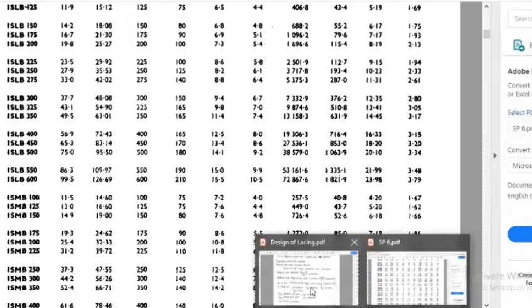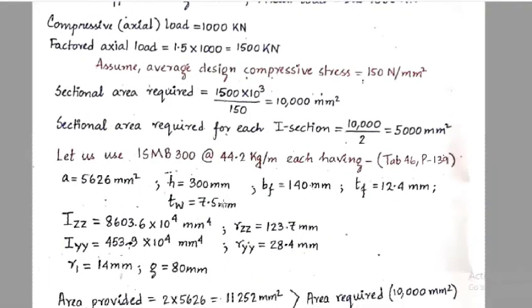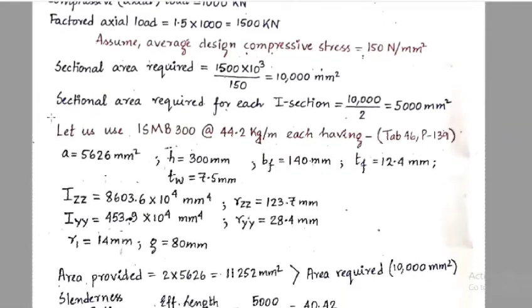Now let's go back to the problem. So we are assuming ISMB 300, at the rate of 44.2 kg per meter. The same thing is also available in the code. You can go to the code and choose a section. The cross-sectional area is 5626 millimeters square. The total depth of the I section, which is given as H, is equal to 300 millimeters.